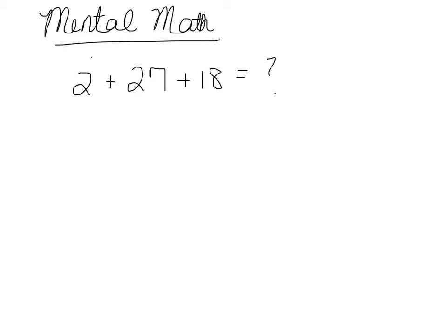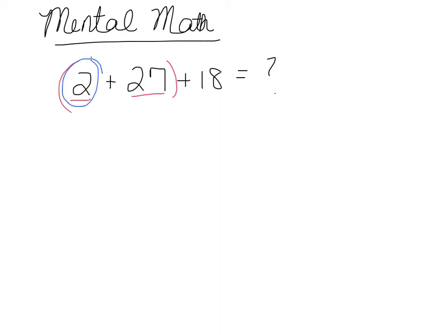Well, if I try to do it in my head, normally I would do 2 plus 27, grouping that first. In this case, 2 plus 27 would be 29. 29 plus 18. Do you really want to do that in your head? I don't think so. Well, let's see if there is an easier way.